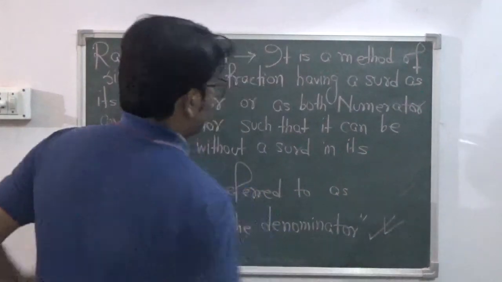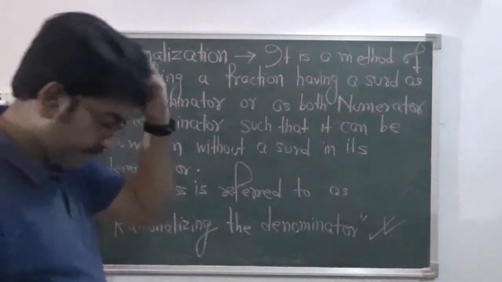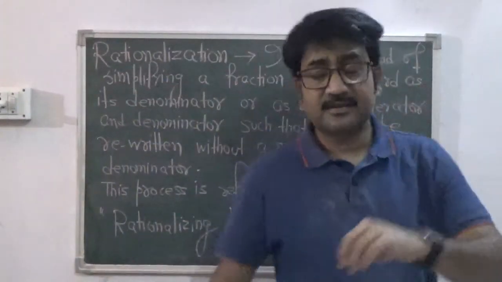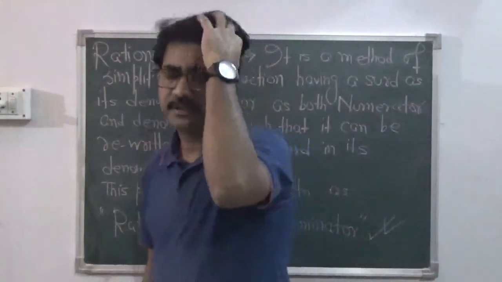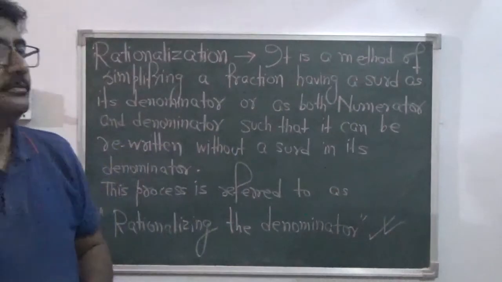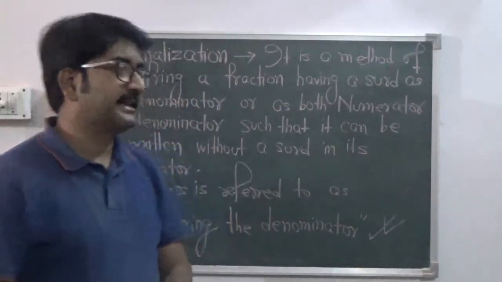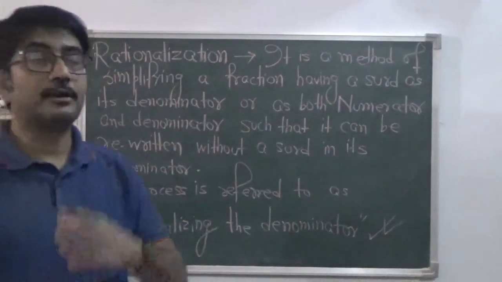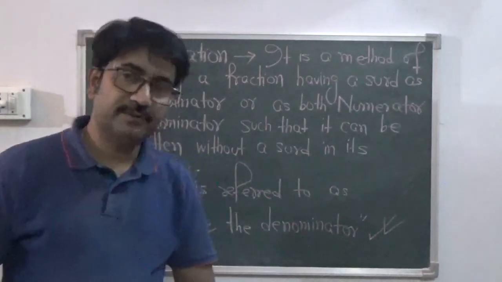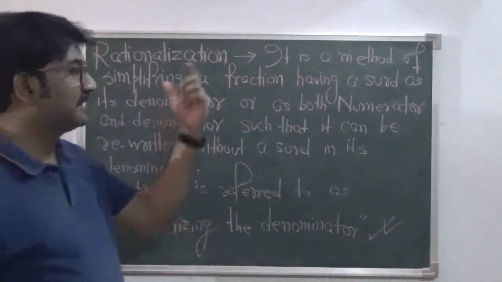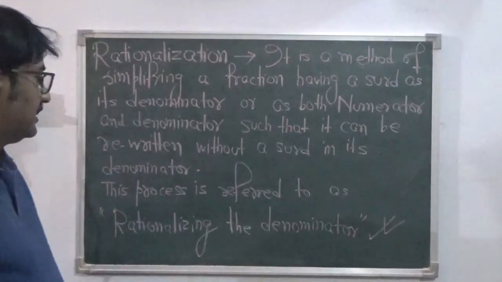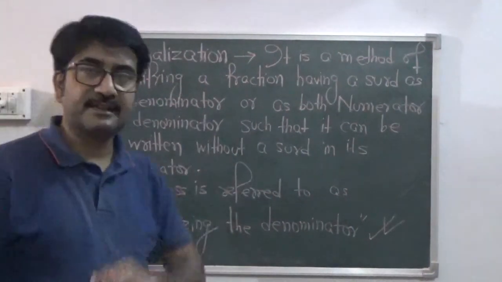Okay. So till now we have discussed the rules of surds, which will help us to solve the problems based on it. Secondly, we have come to know what conjugate surds are, and finally what rationalization is, or the process called rationalizing the denominator.